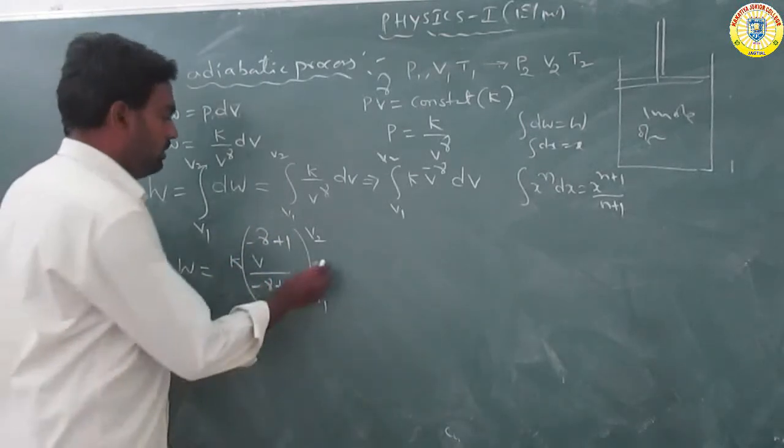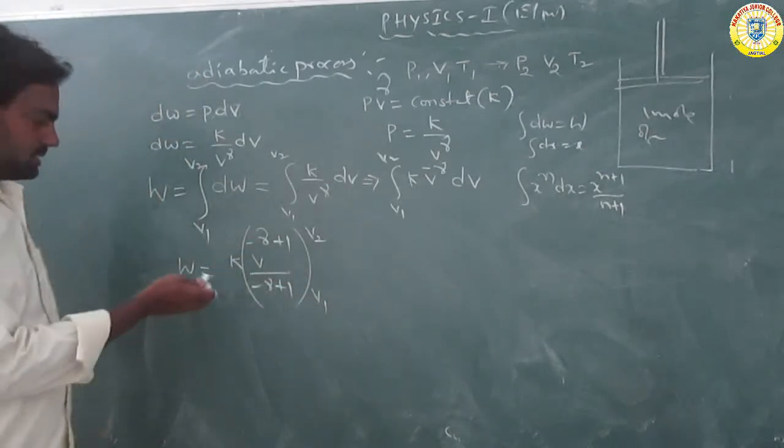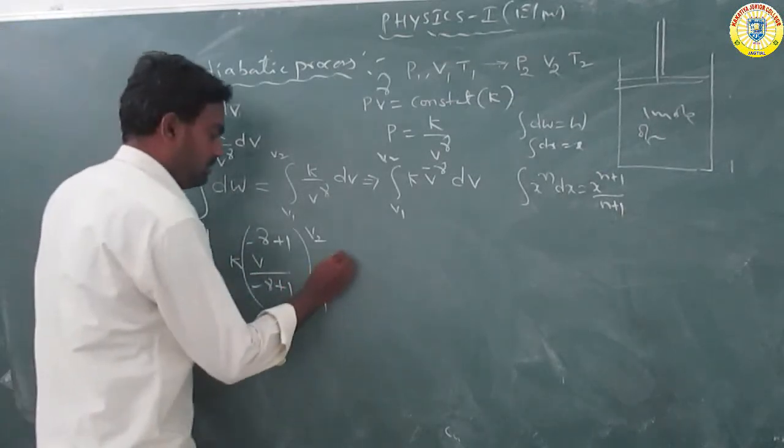Now we take the upper limit minus the lower limit and substitute in this equation.